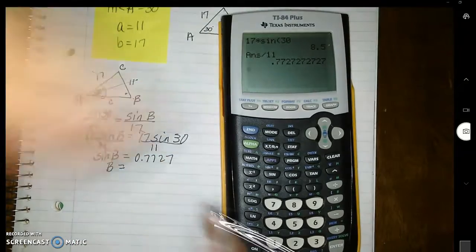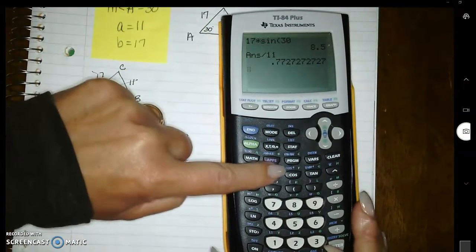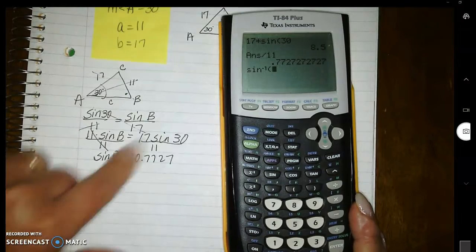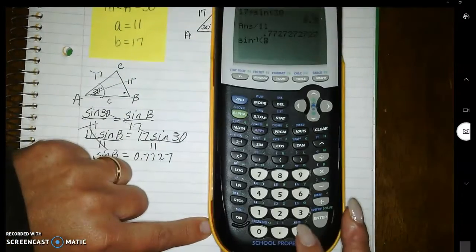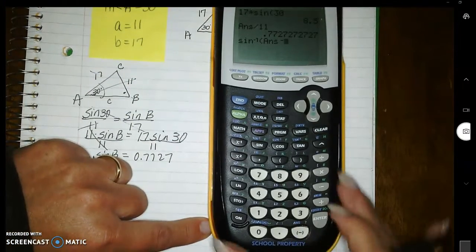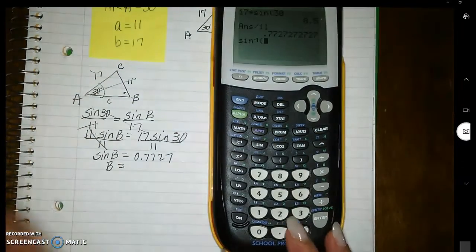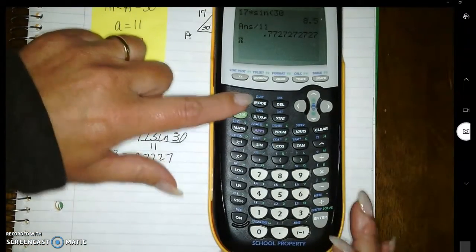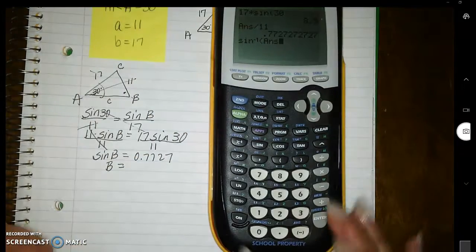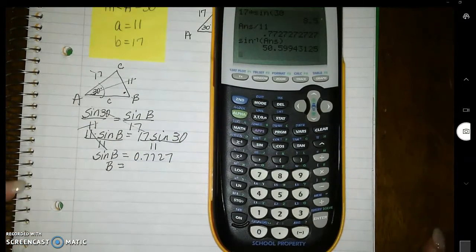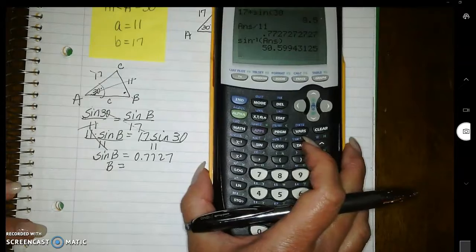But what I do need to do is do the inverse. So I'm going to do the second sine so that I can find out what the angle is. And I'm just going to use the answer key on my calculator so that it will type that in. Okay. So I get an angle of 50 point, looks like about 6. Let's just round to the nearest degree.